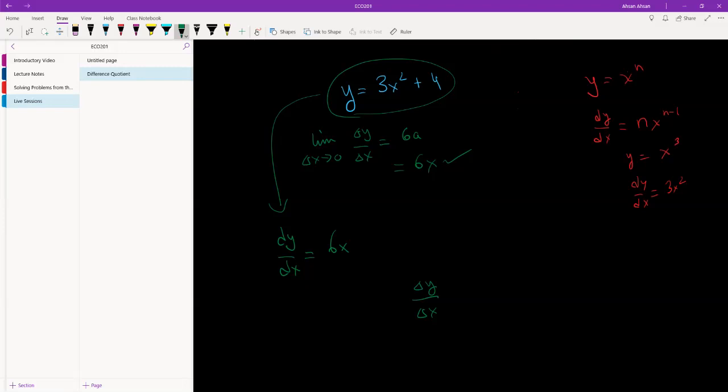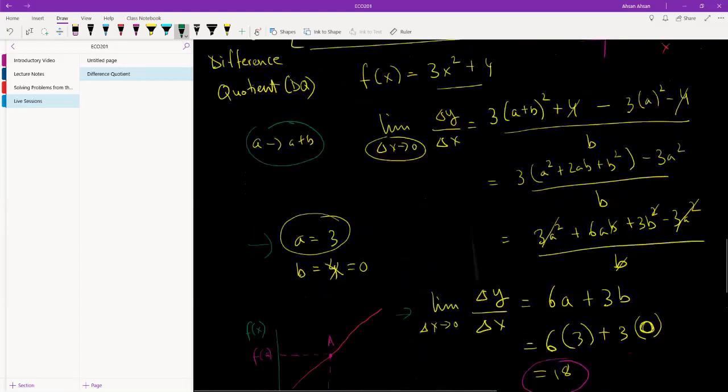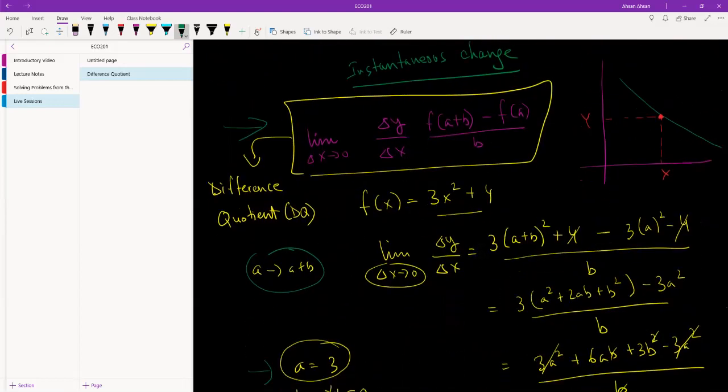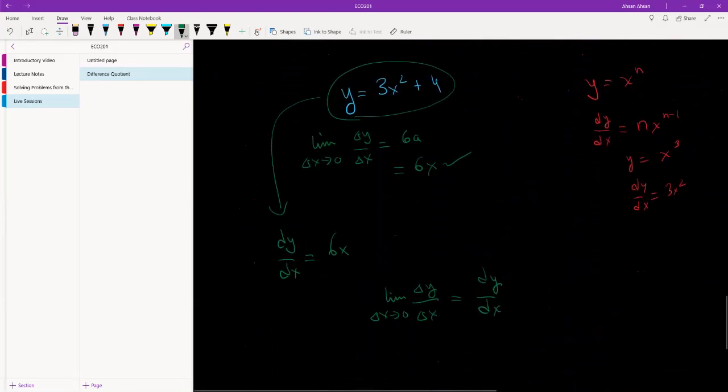To calculate the instantaneous change, we impose this limit, and this is dy dx. That's it. As we were deriving the difference quotient right here, I had shown you what differentiation is. You may not have known this before, but now you do.